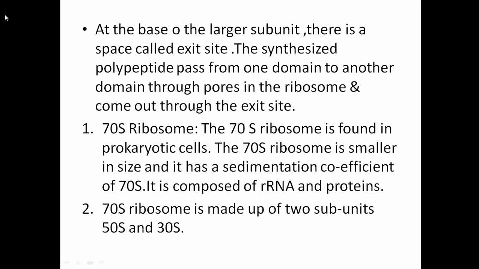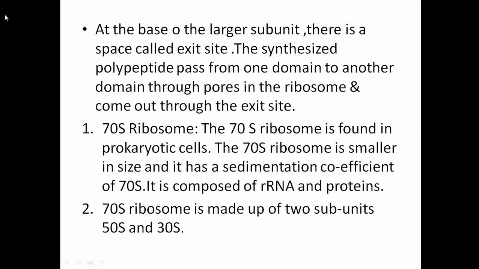Now the 70S ribosome. The 70S ribosome is actually found in the prokaryotic cells. It is smaller in size and has a sedimentation coefficient of 70S. It is composed of rRNA and proteins. So the prokaryotic cells especially have the 70S ribosomes.